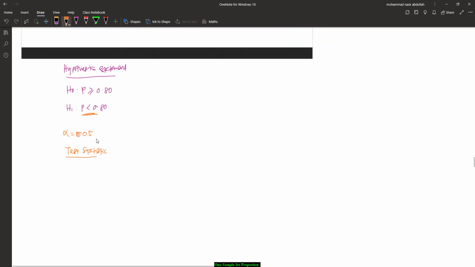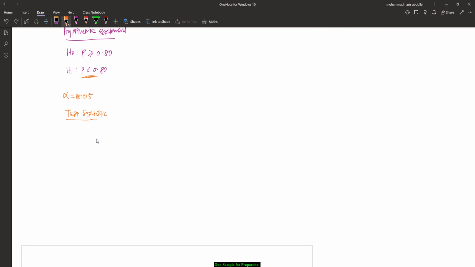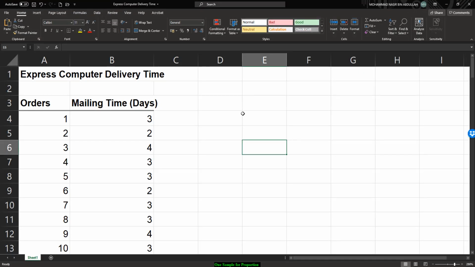The test statistic that we're going to use is the Z test, where Z is equal to P hat minus P divided by the square root of PQ over N. Now we are looking into our Excel file.